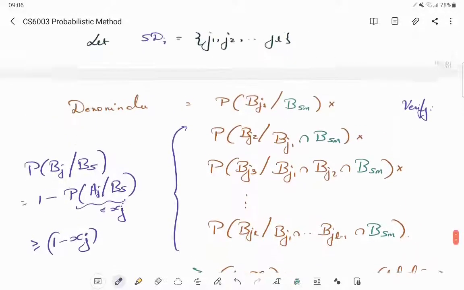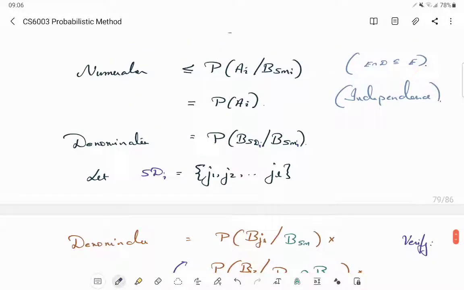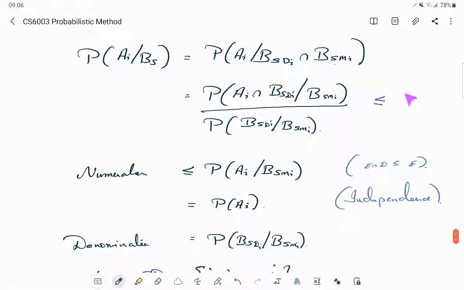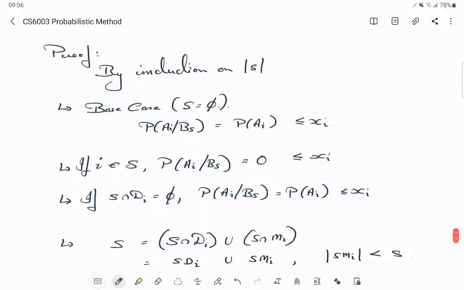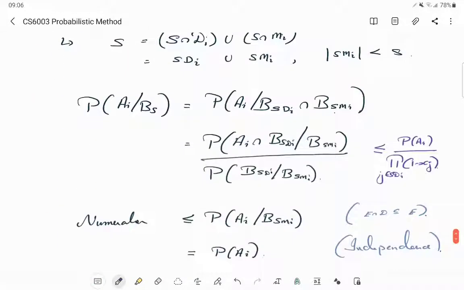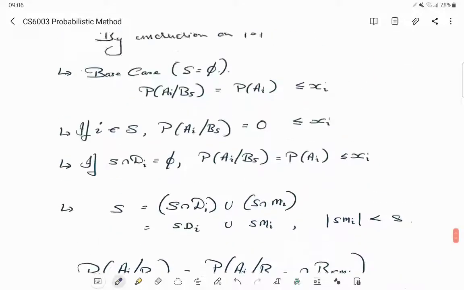Okay, so we can now substitute it back. Your numerator by denominator will be upper bounded by p of ai times the product over j in Di of 1 minus xj. And what do we want? Our aim is to show that this is at most xi. This is what we are trying to show. So in order to show that, we need, by the way, we really know this p of ai we could bound by something.